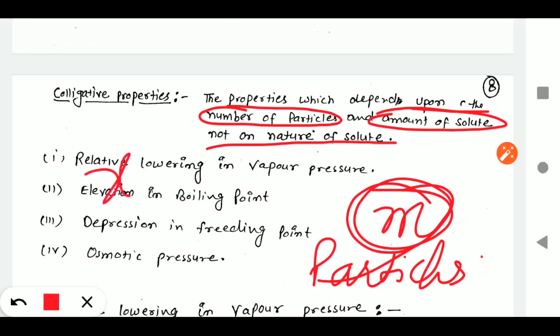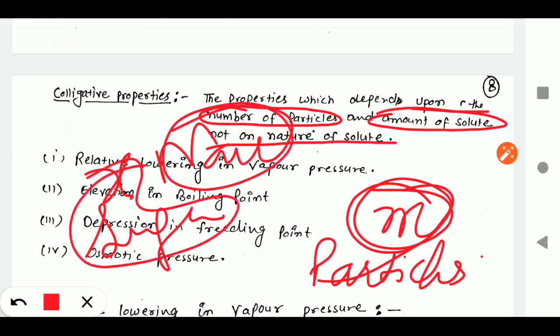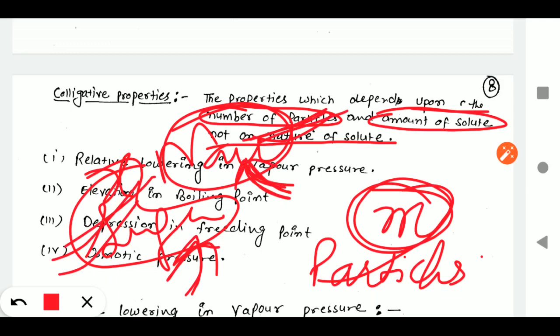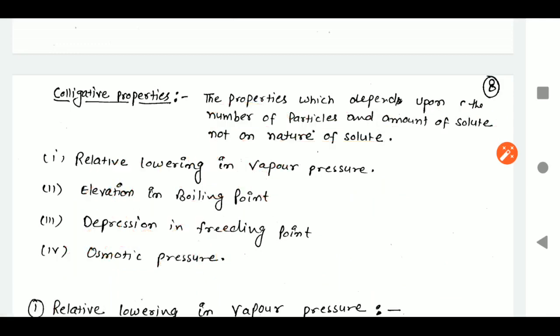As you add sugar or NaCl, both are the same for a colligative property. The colligative property will depend on the amount of sugar as well as NaCl, and on the number of particles of sugar and of NaCl. It will not depend on whether you are adding sugar or NaCl; it deals with the amount and number of particles.